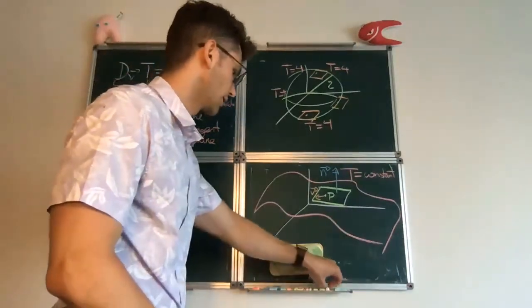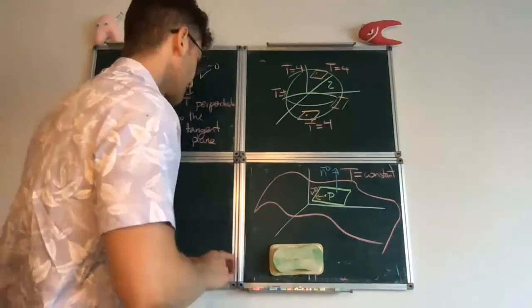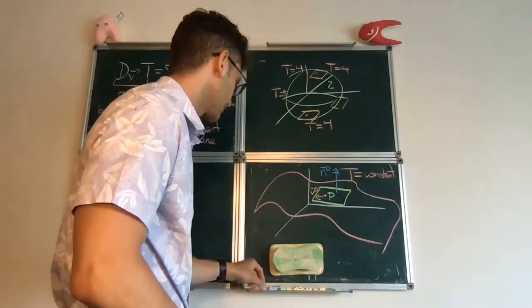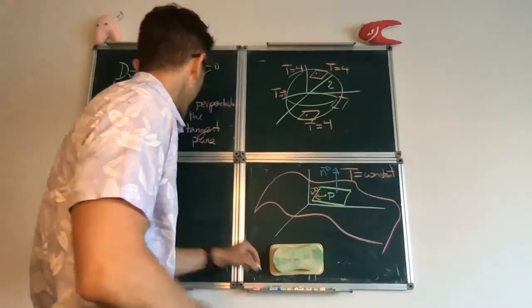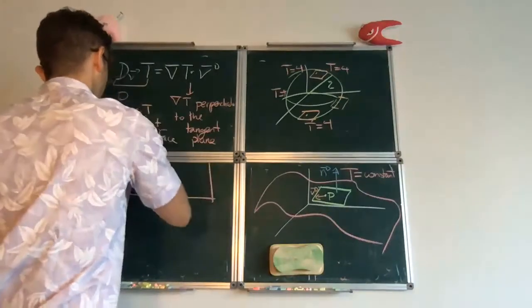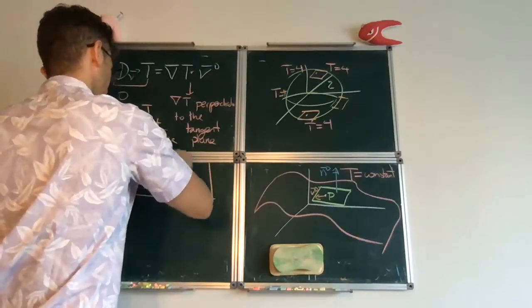So in other words, for the equation of the tangent plane, the normal vector has to be the gradient. So n, and this is the key equation, is the gradient.